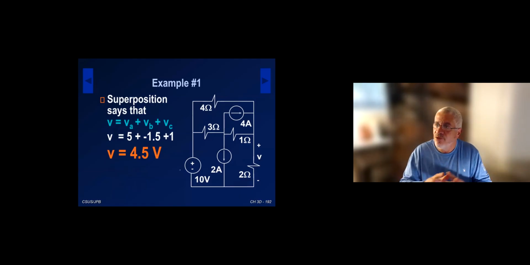So the premise of superposition essentially assumes that these sub-circuits are a lot easier to solve. Honestly, the circuit that I'm using is not so evident to me that I would use superposition. So I'm using it as an example because it had 3 sources, and I wanted to show you how that plays out when you have several independent sources in this particular case. And I hope that makes sense.